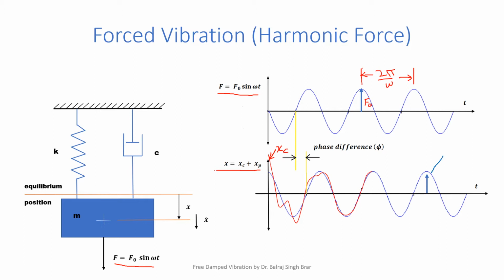This is the particular solution or steady state solution, and its amplitude will now be steady at a value of A, and its time period will be the same as for the external excitation, 2 pi by omega.